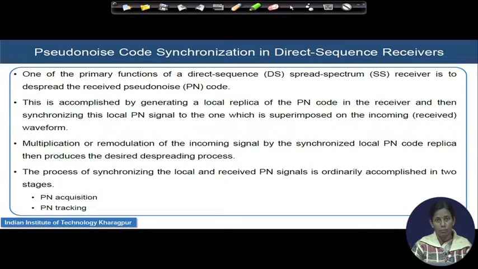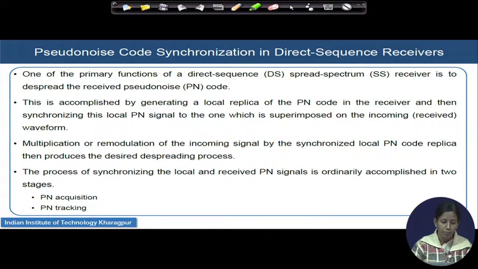With that information, code synchronization can proceed. But in most of the cases we will proceed with the fact that the carrier phase and frequency information is not known to us.